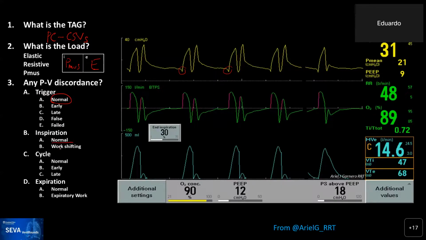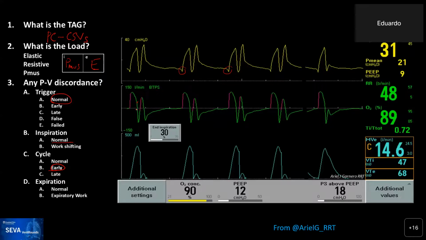The cycle in this situation looks like an early cycle. Why do we say that? The system pressurizes, there's some amount of effort from the patient, and then the flow decreases rapidly. But there is still evidence of PMOS. Even though the ventilator cycled because of the variable, and actually here Ariel put the end inspiration variable relatively high, that creates an early cycle in patients that have a very high elastic load.